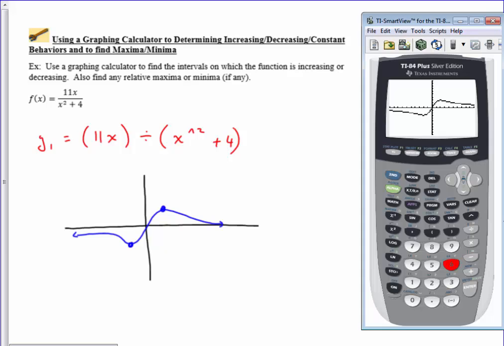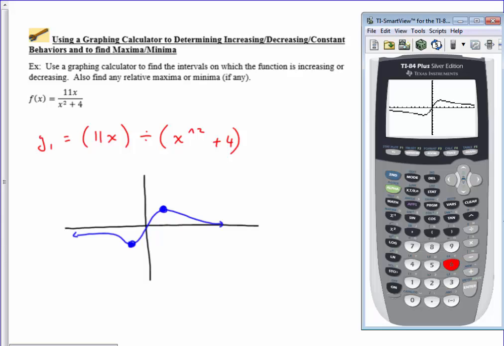For the increasing decreasing, I must first find my relative maximum or minimums, and the reason being I need to know both the x and the y values from these two ordered pairs. The y values will tell me the relative max or mins, and then the x values will help me to answer the increasing decreasing part of the question. So let's go do that.